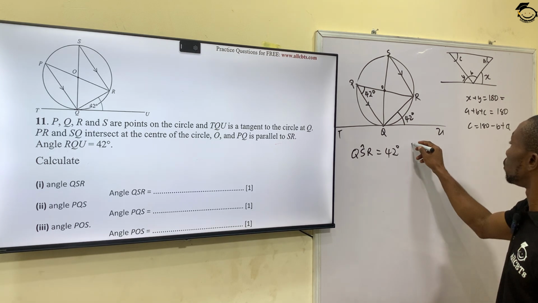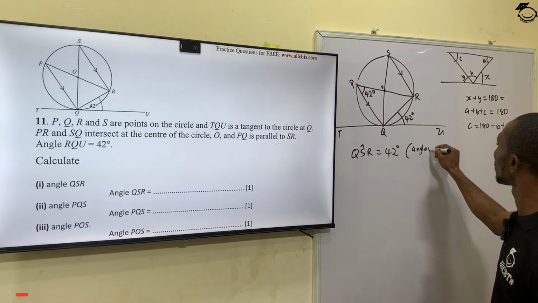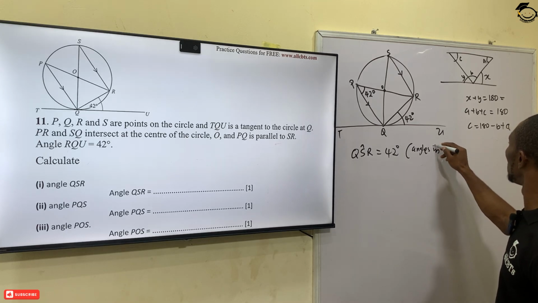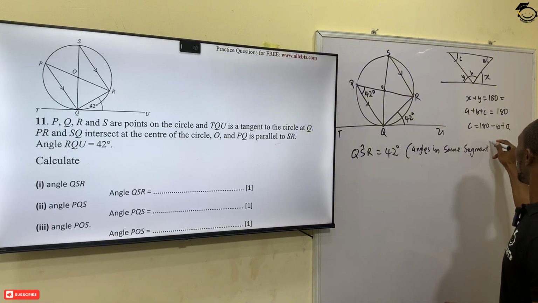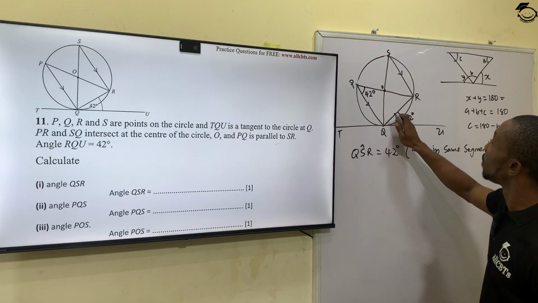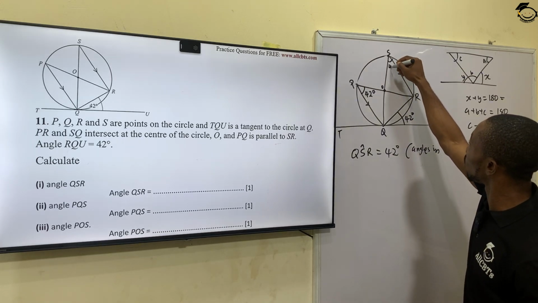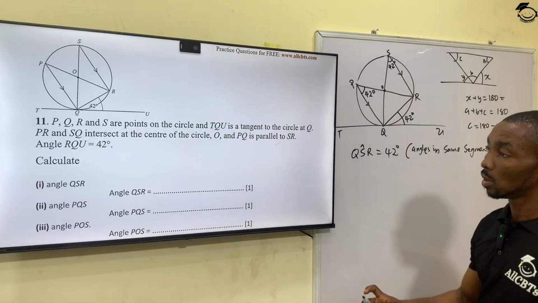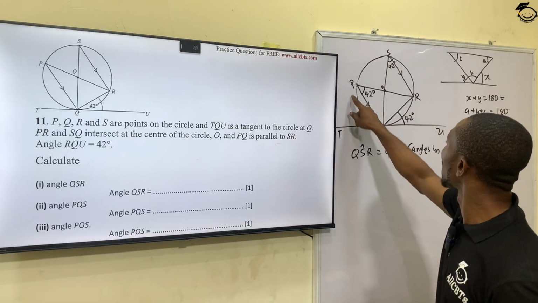What's our reason? Reason: angles in the same segment. Following our chord QR, angle P and angle S are in the same segment. So this becomes 42 degrees. Okay, next we are asked to find angle PQS.